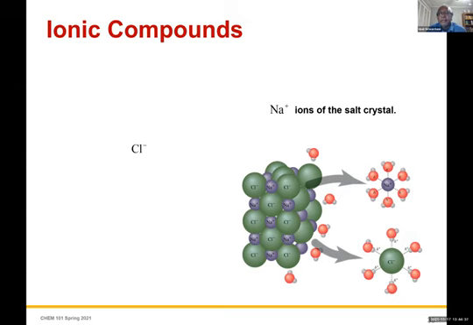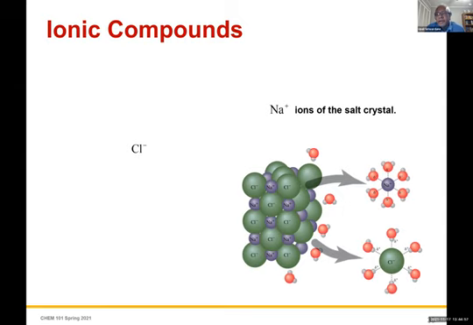When you dissolve sodium chloride, as in the picture, the sodium ions are the small ones, and the green ones are the chloride ions.